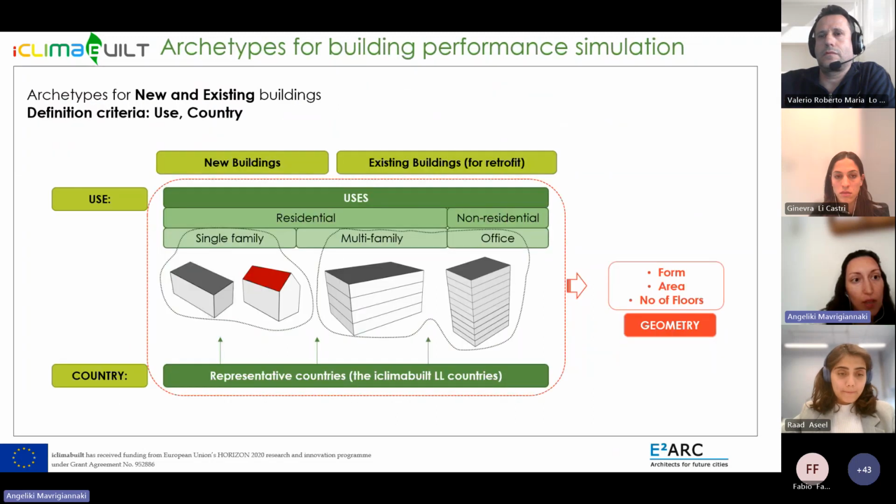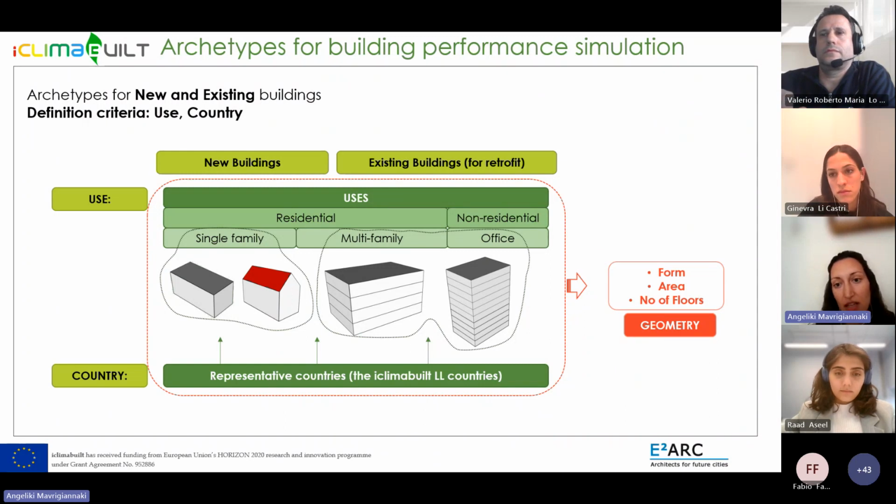So having completed the 2 steps, we could move forward with the definition of and identification of our archetypes. And by considering only the use of the buildings and the country of origin, we could identify characteristics like form, area, and number of floors, which describe the geometry of the buildings.